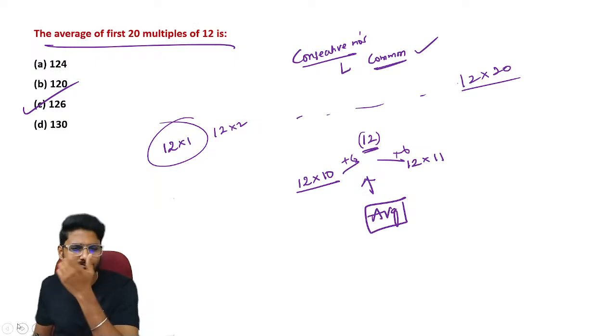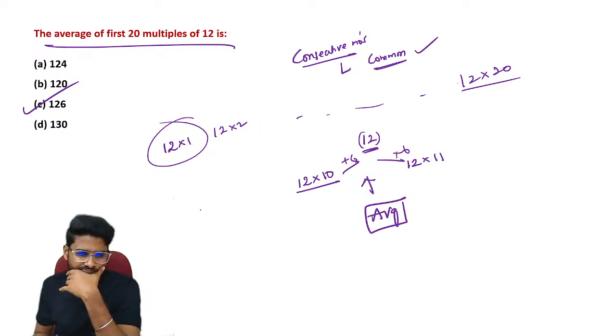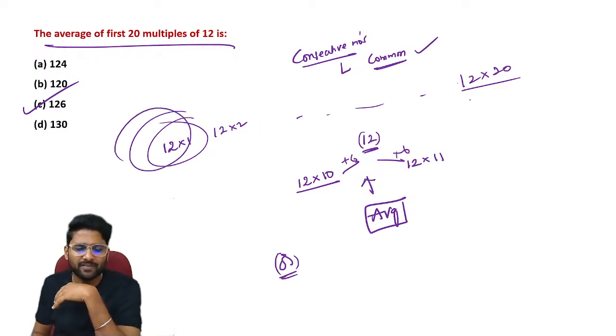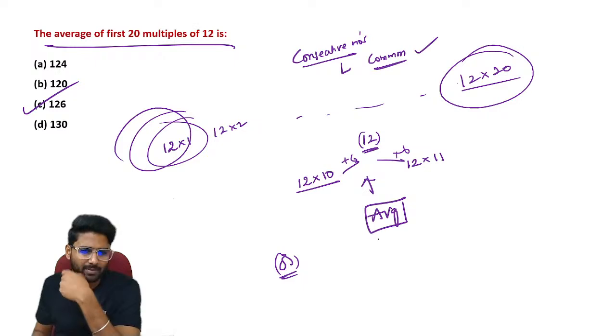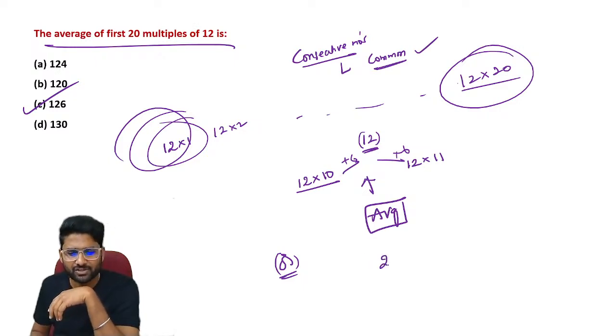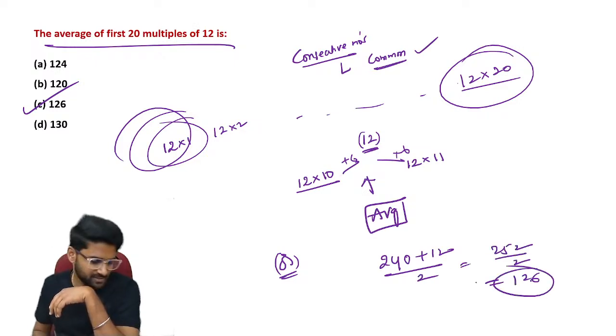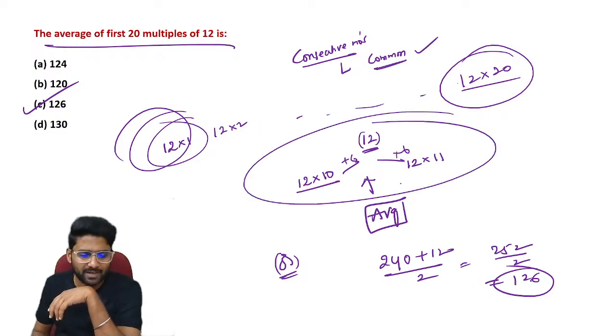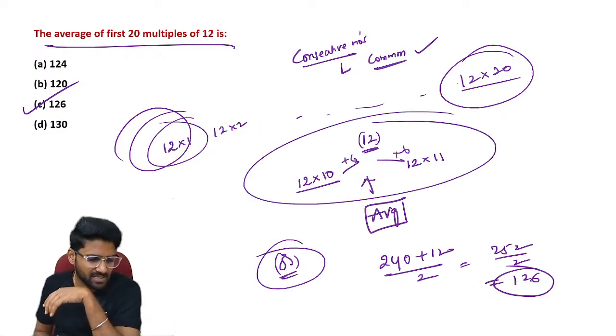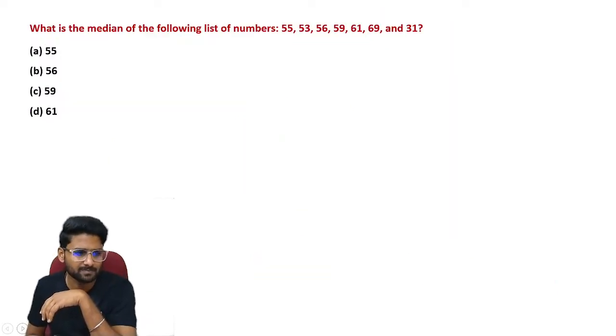Is it clear? One more point: either the sum of the first number plus the last number divided by 2. You can apply that concept also. 12 into 20 is 240, plus 12, divided by 2. 252 divided by 2 is equal to 126. Either you can consider the middle one, otherwise the sum of the first number plus the last number divided by 2 gives the average. This is only applicable for the consecutive number concept.